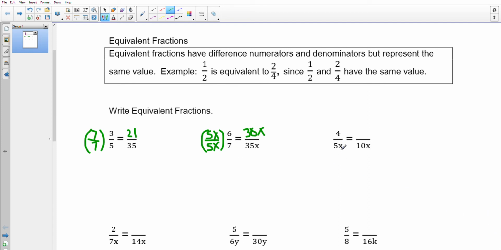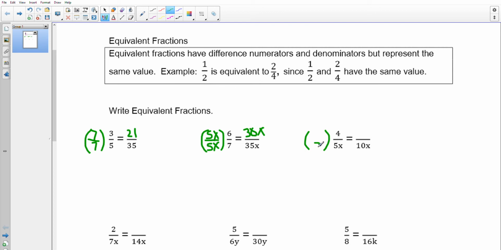Next, I have 4 over 5x. Now I have 5x, and I want my denominator to be 10x. So what am I missing on the left to make it look like the right? So you see that I already have the x, so I'm not going to multiply by x again. So I have 5x.